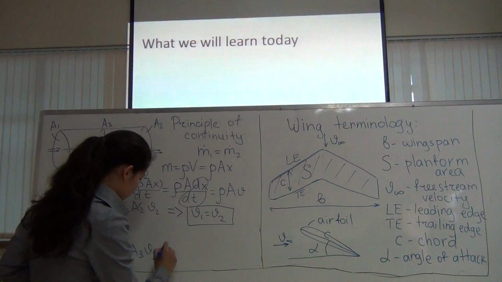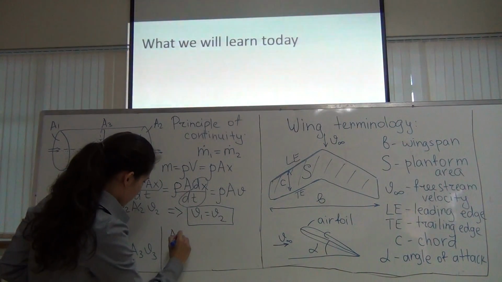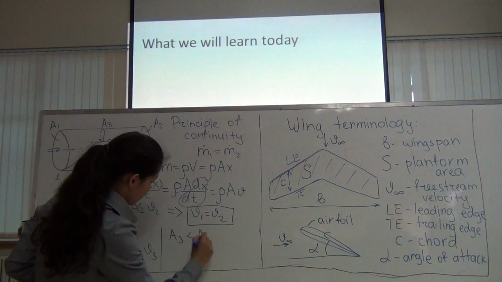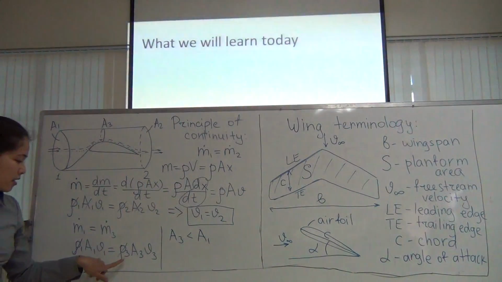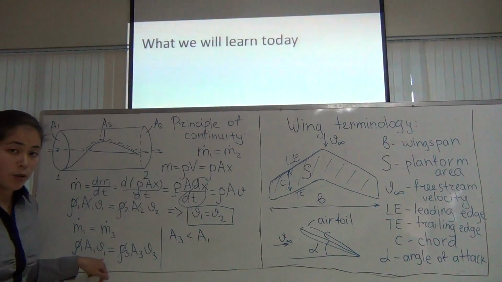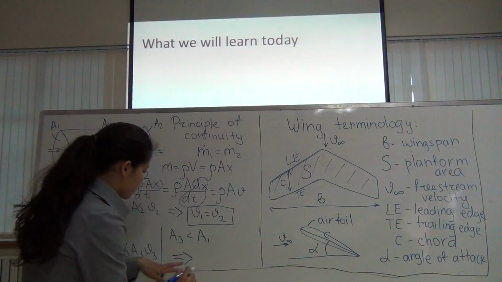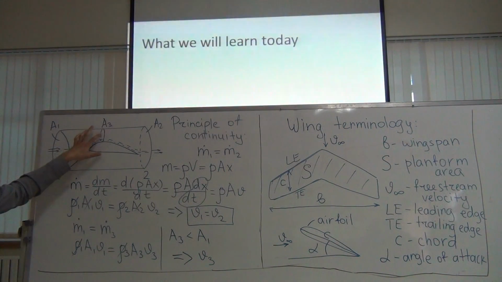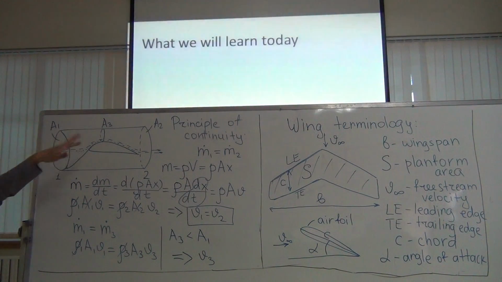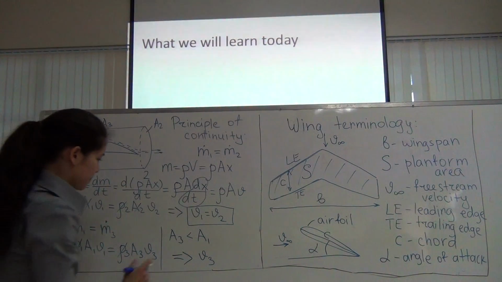Let's write it down here. So A3 is smaller than A1. And from this equation, we can conclude that V3 should be greater than V1 for the equation to hold. So this will give us our first conclusion, that the velocity of the air in the section with smaller area is larger than the velocity of the air in the section with larger area.